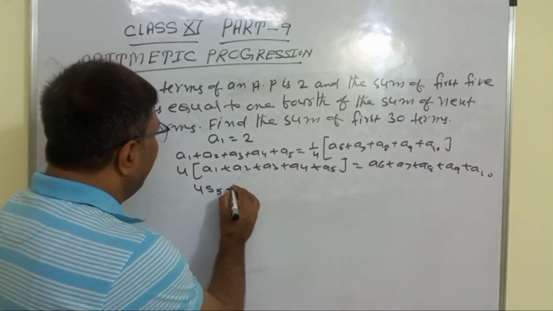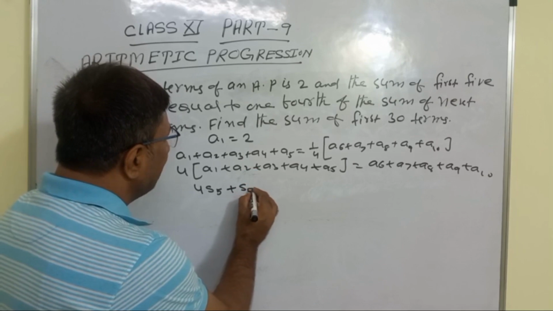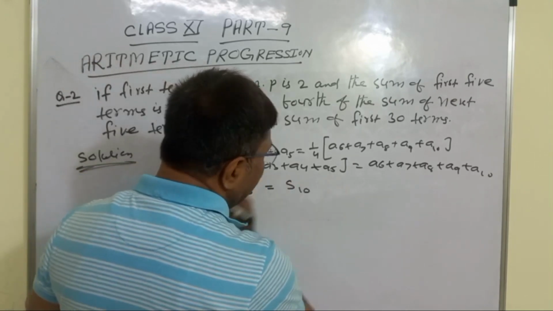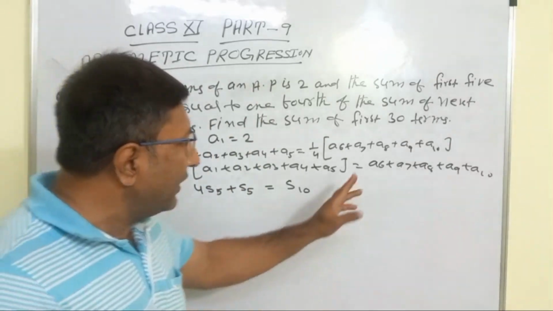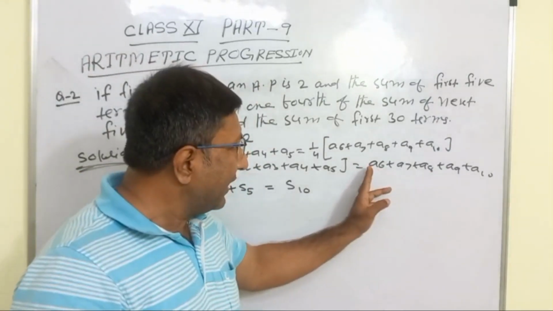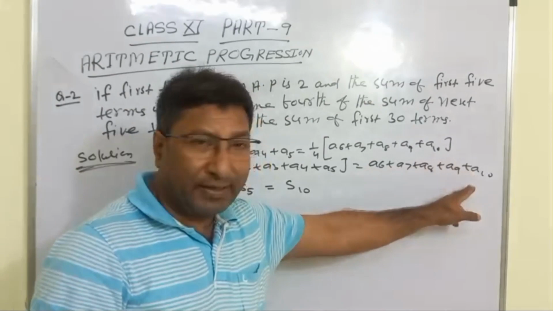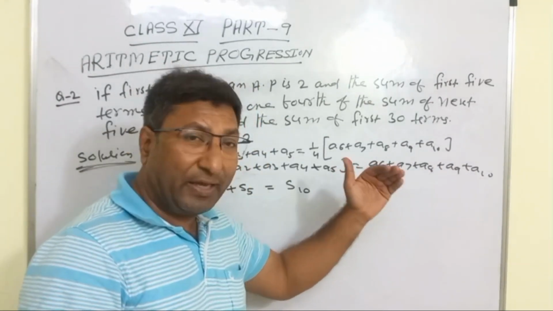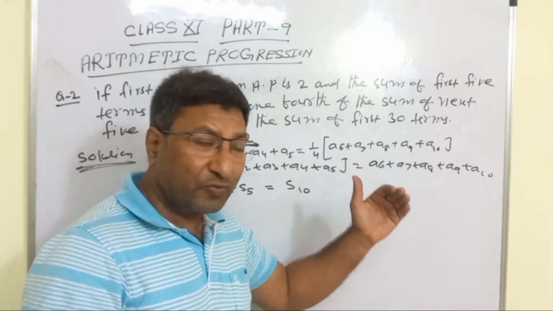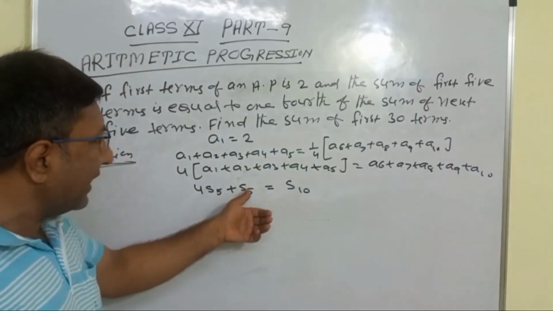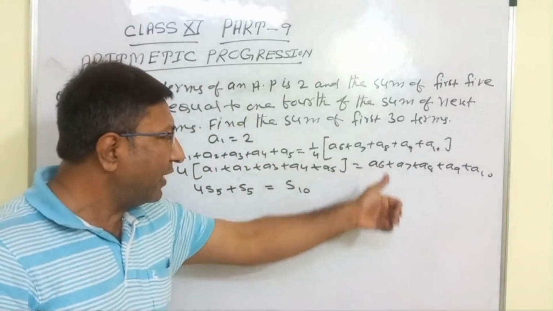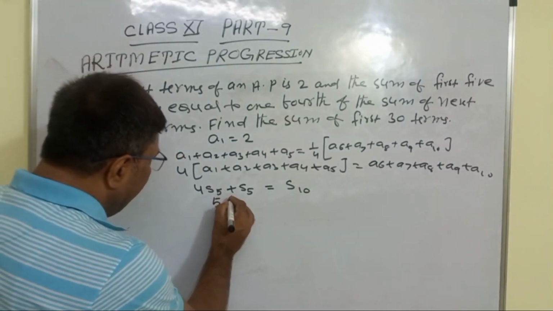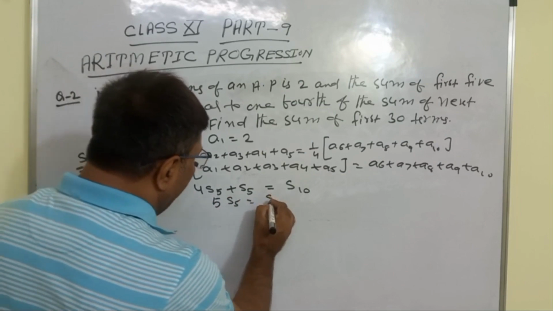So here 1 more S5, and here the total is S10, because the sum of 10 terms, A1, A2, A3 to A10. Here only A6 to A10, so we are adding A1 to A5, that means adding S5. So S5 this side and S5 this side, so it becomes S10. Now we will write 5 S5 equal to S10.